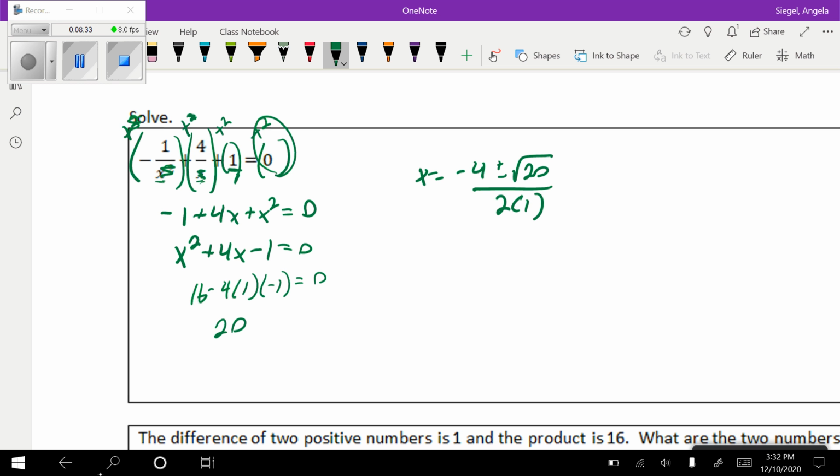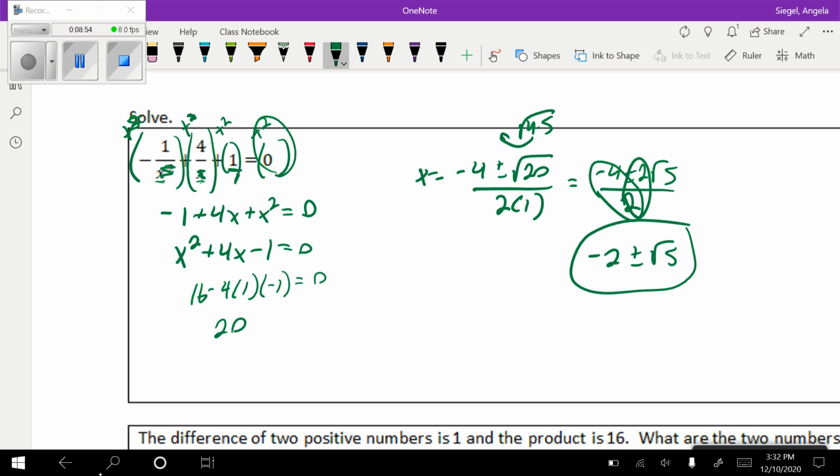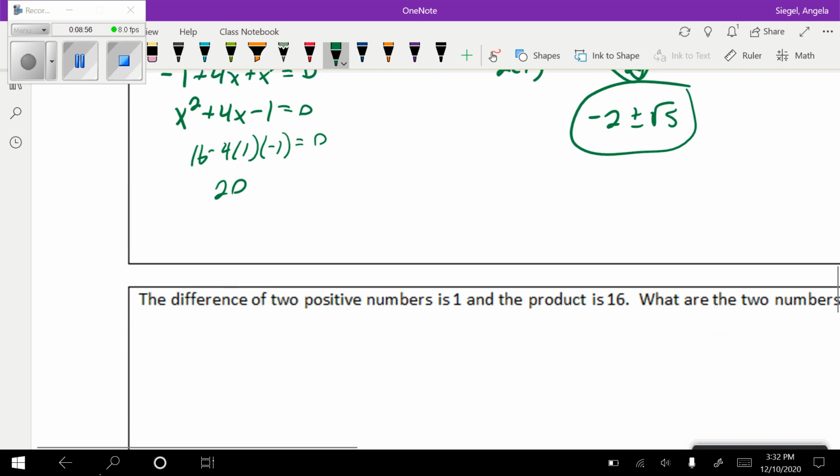And again, I can simplify the square root of 20 as 2 square root of 5. And then simplify this. I feel like this was the same answer as before. So my final answer is 2 plus or minus the square root of 5.